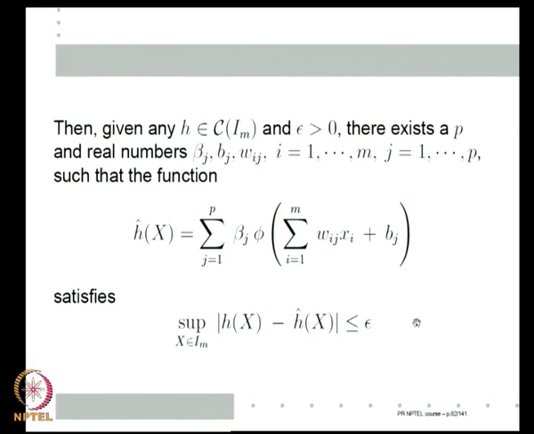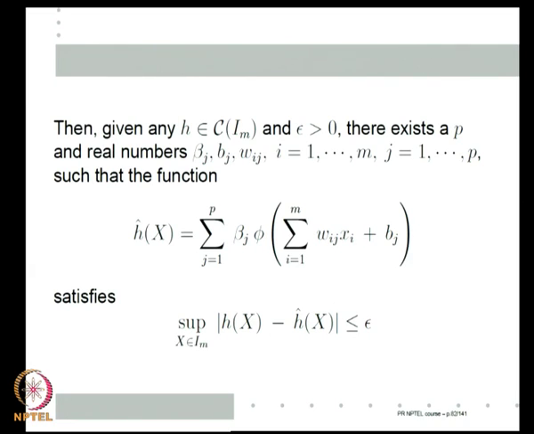That means, given any epsilon and given any function h, I can always find a 3-layer network with some number of hidden nodes and some weights, such that the output of the network does not differ from the actual value of the function by more than epsilon for any input.